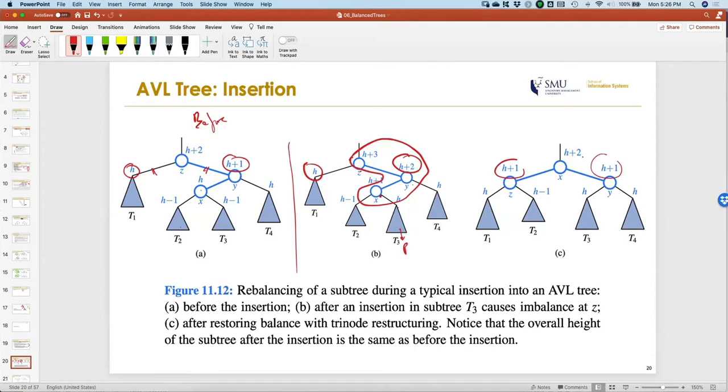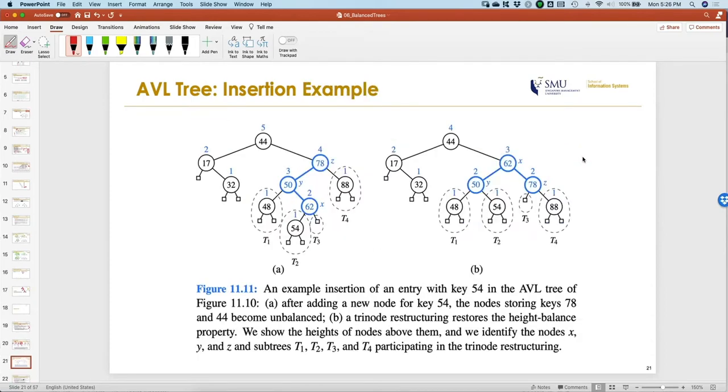So they are now back in balance. So this is what the restructuring does: because it's taller on one side, shorter on the other side, you're going to rotate it a little bit such that the original root is going to go down to the shorter side. And in that case, we are going to rebalance the height of the two.